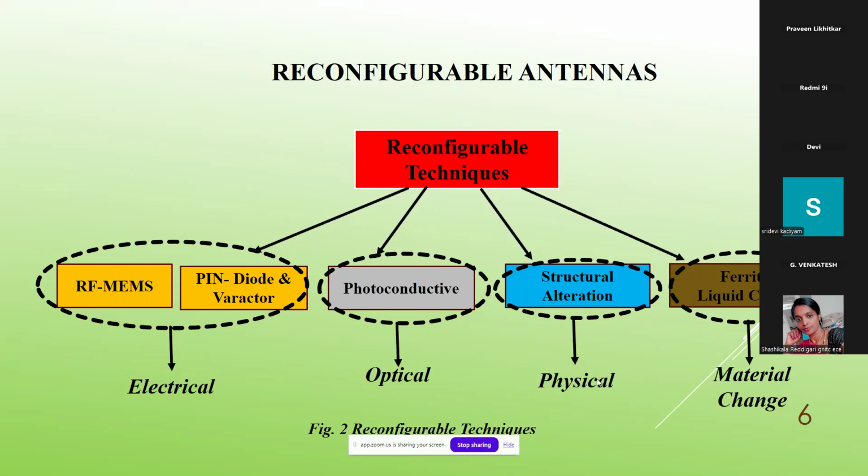From the physical structure point of view, structural alteration is possible. I will give one example on this slide. With the extension of the substrate also we can get frequency reconfigurability. Similarly, ferrites and liquid crystal materials will help to get reconfigurable systems.